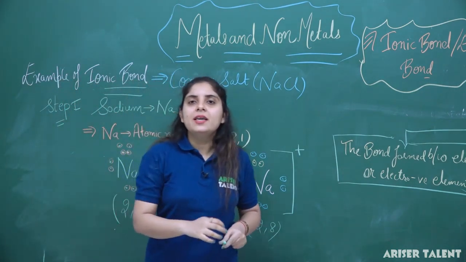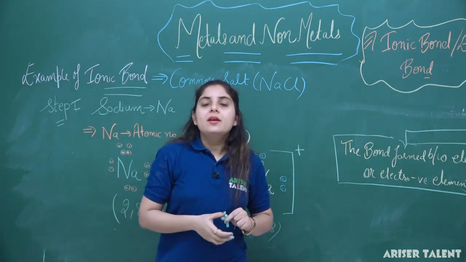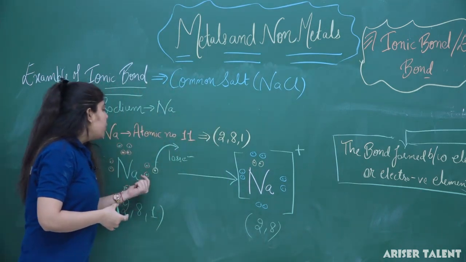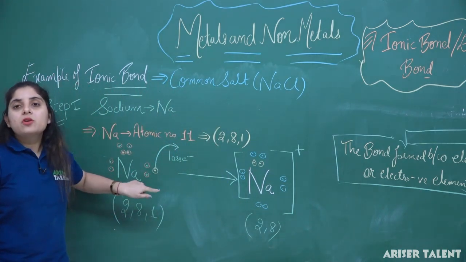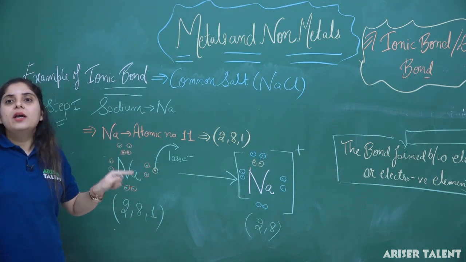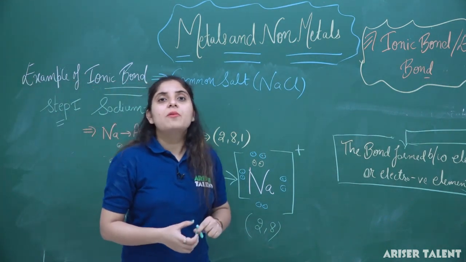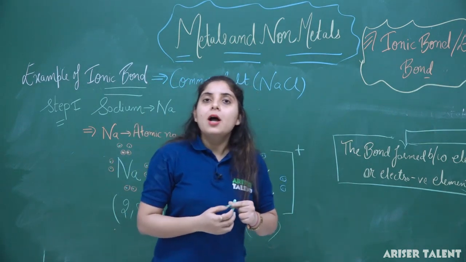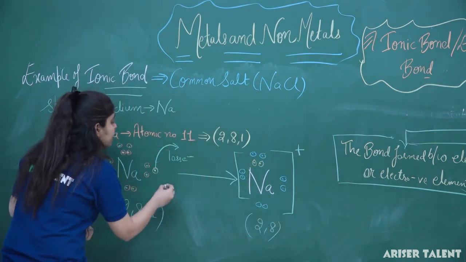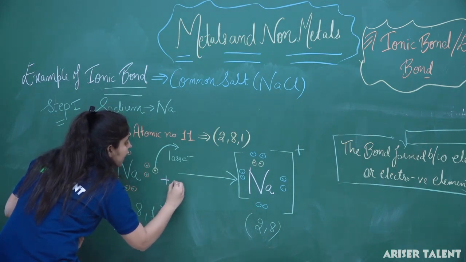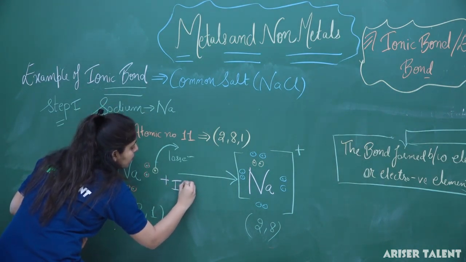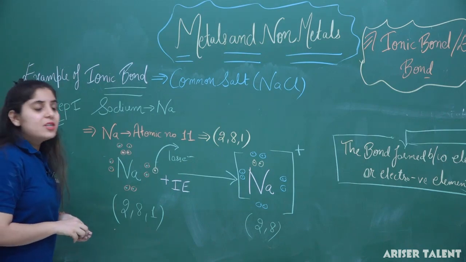Now you can see here the amount of energy required for this process is known as ionization enthalpy. Ionization enthalpy is basically the energy required to lose an electron from the outermost shell. So we can say that what is needed here is plus IE. IE means ionization energy.